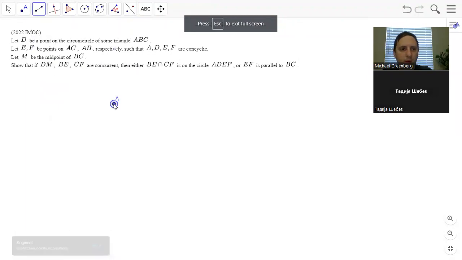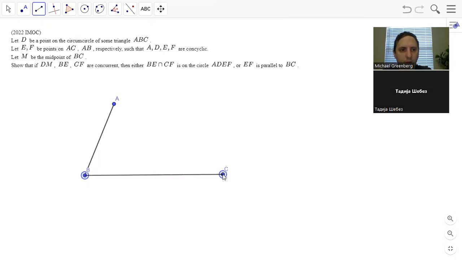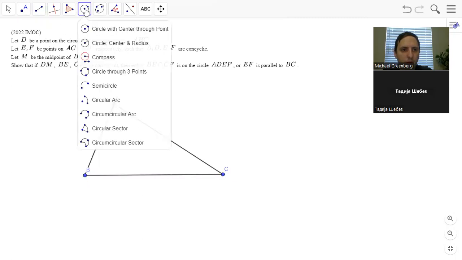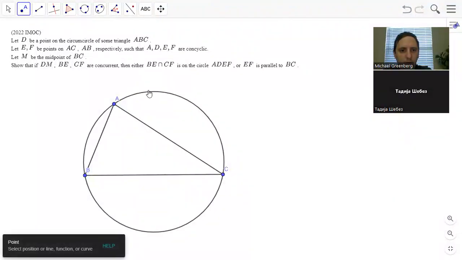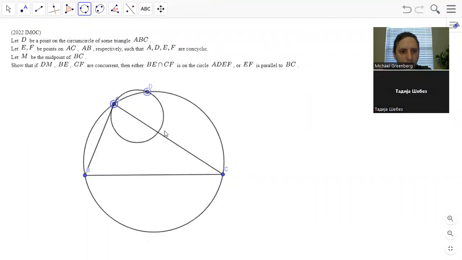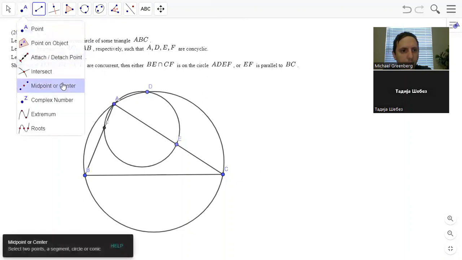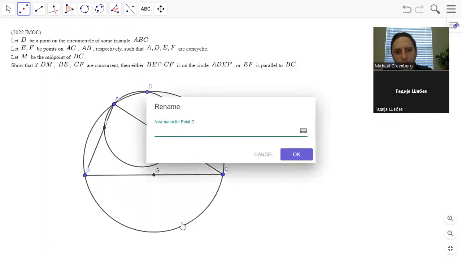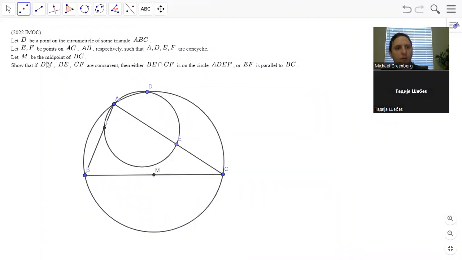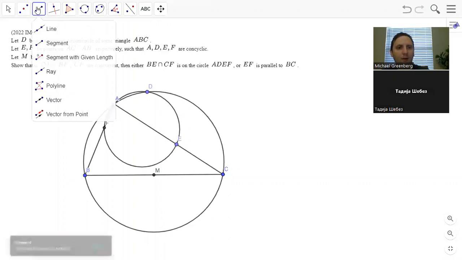So we have a point on the circumcircle of ABC, and this is interesting. So we want A, B, E, and F to be cyclic. All right. So E and F are on AC and AB. And M is the midpoint of BC. And show that if DM, BE, and CF are concurrent.